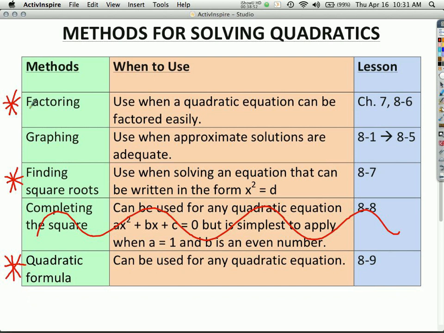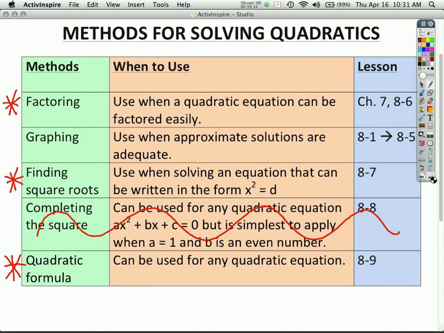Also remember that factoring has lots of different ways of factoring. You can do GCF, you can do the special products, you can do unwrapping the foil, and you can use the trick. So this has 4 or 5 little methods within it. In this table, there's a lot going on. Anyone have any questions?